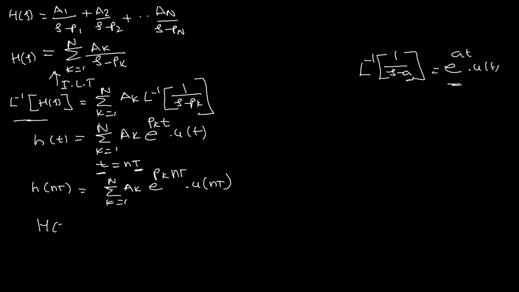You know the Z transform formula: H(z) is equal to the sum for n from minus infinity to infinity of h(n) z to the power minus n.